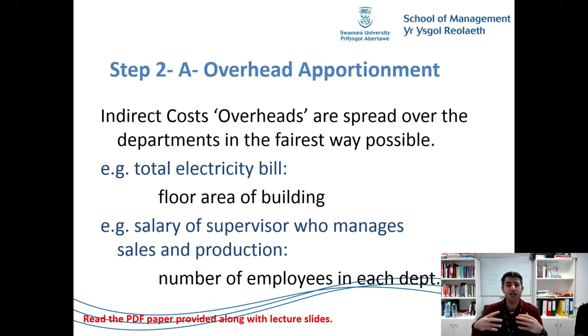Again, guys, step 2A comes down to the bases, and there are a lot of bases around, so you just need to use your logic. For example, if we talk about depreciation, the basis is net book value.